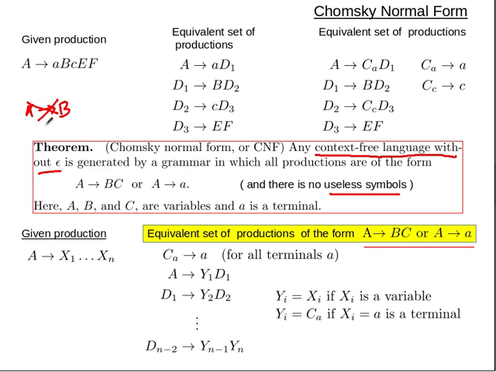So the only thing that is there is some A going to either a single terminal, say a, or A going to a combination that has either two terminals or more than two symbols. Now if we have a production like this, we can break it down into productions where each contains only two symbols.